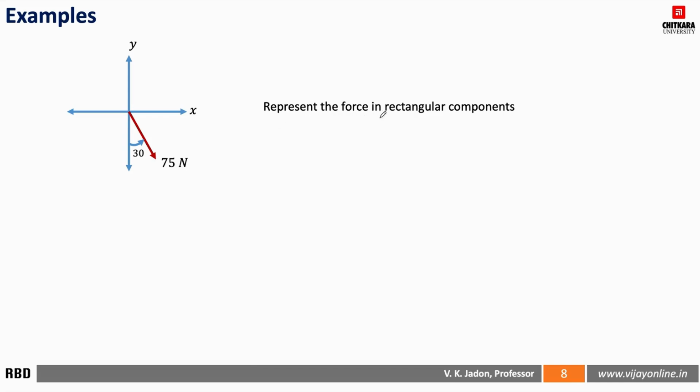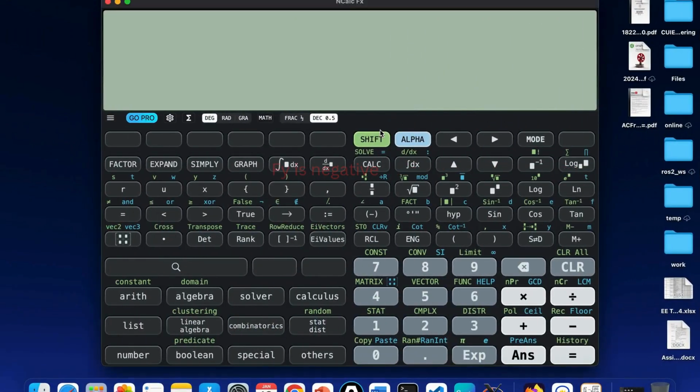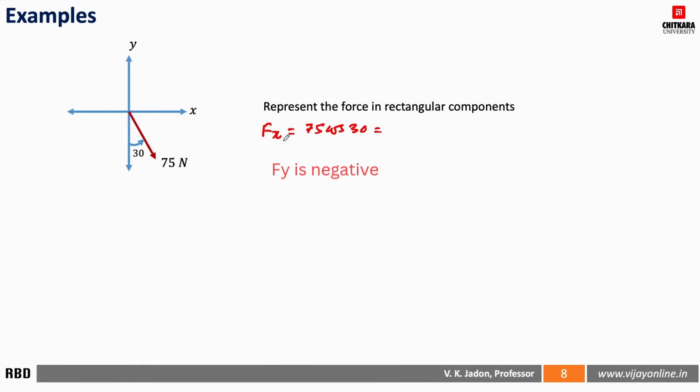We can represent the force in rectangular components. So certainly, as this is 30 degrees, this is not Fx, this is Fy is 75 cos 30 because this angle is with the y-axis, and Fx will be equal to 75 sin 30 degrees.